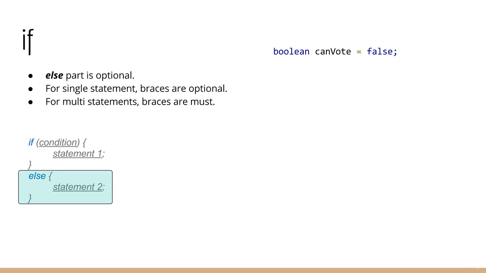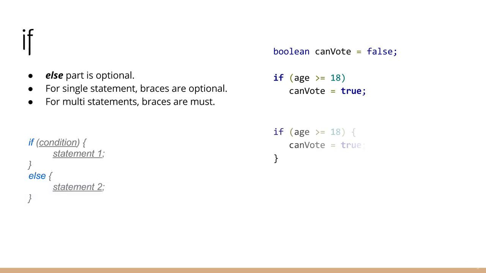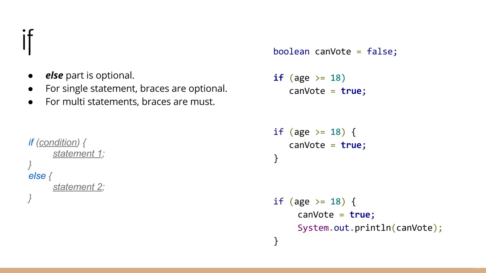Initially, we can assign false to the canVote variable and only assign true when the age is greater than or equal to 18. When there is only one statement in the true or false section, the curly braces are optional. I always prefer to write braces in all cases. When you have multiple statements to execute, curly braces around the code block are a must.